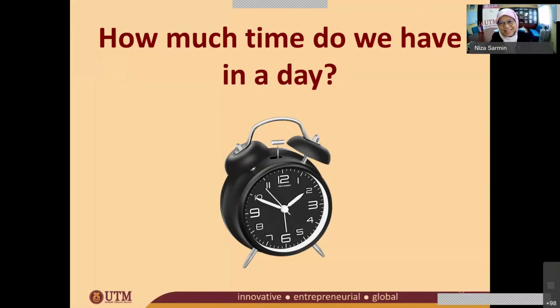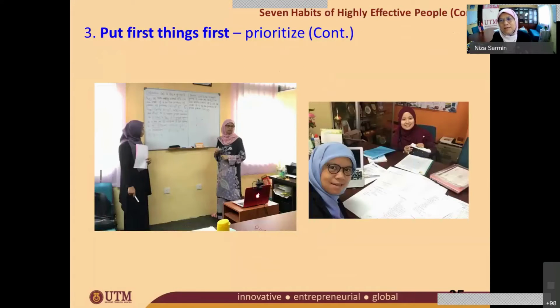Can you answer that? 24 hours. Everyone has 24 hours a day. No one has more or less. We all have the same time a day. So how do you prioritize things?